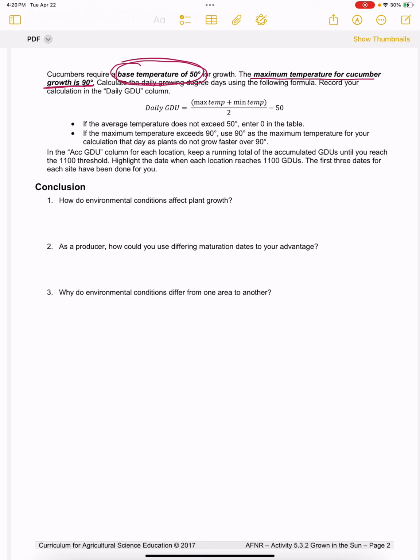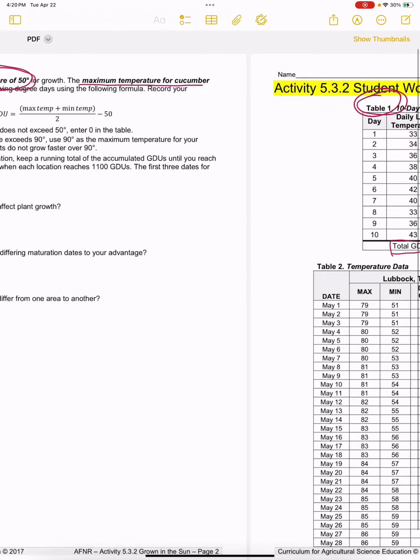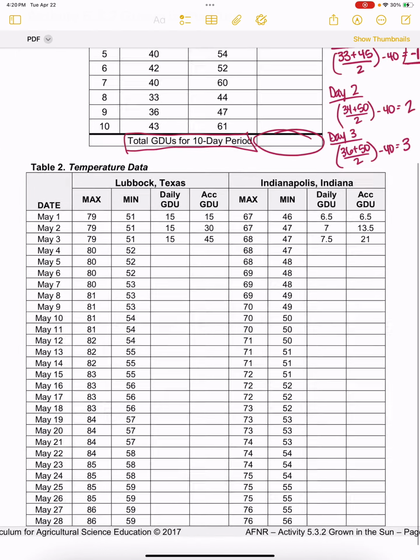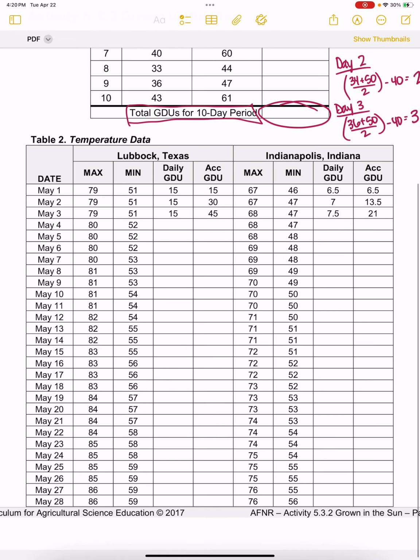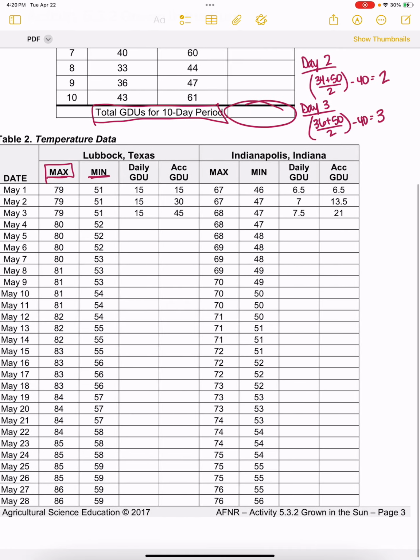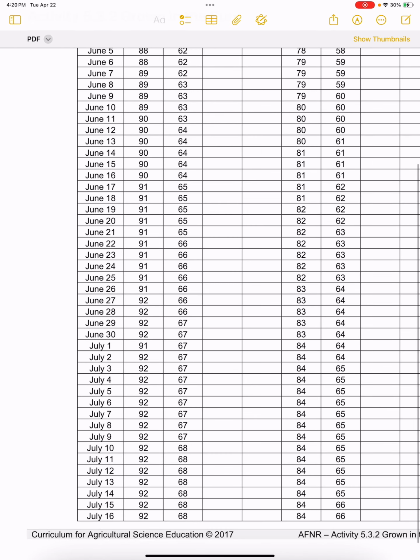So that means in this table, we have our maximum temperatures and our minimum temperatures. If our maximum temperature is above 90, let's see if we can find one. Like June 17th through wherever, towards the end of this page at least, these are all above 90 degrees for the max temperatures.